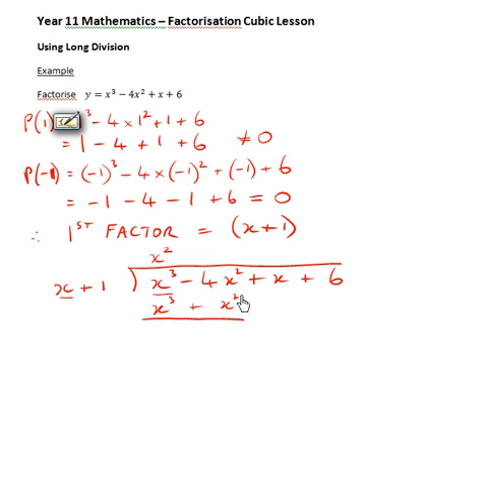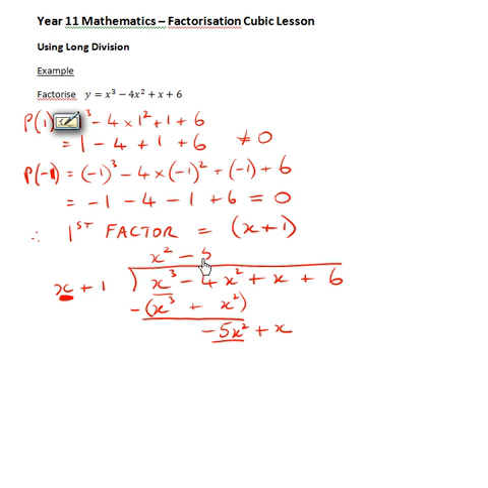Then you take that line from the line above it. So negative 4x squared take x squared will be equal to negative 5x squared. Next job is to bring down the x and say how many times does x, over here on the left, go into negative 5x squared?